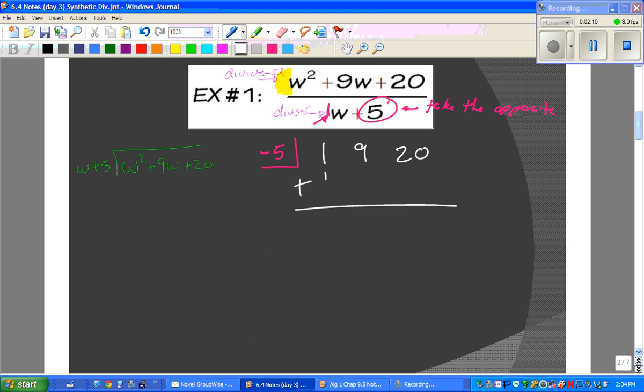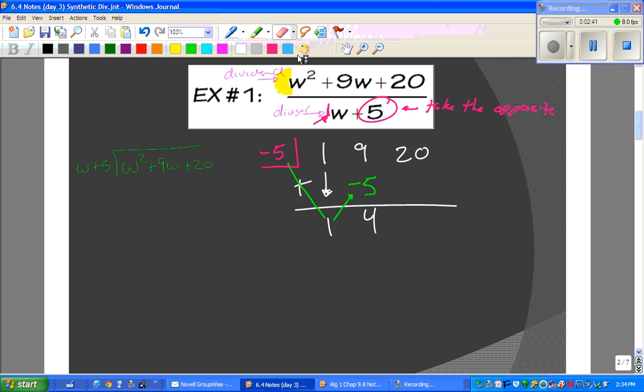So what we're going to do is drop the 1. And now I'm going to take 1 times negative 5 and put a negative 5 there. Now all I'm going to worry about is what's inside that box right now. What's 9 minus 5? Well, 9 minus 5 is 4.